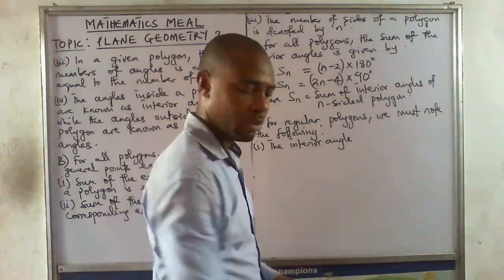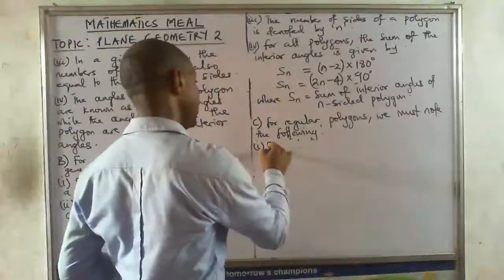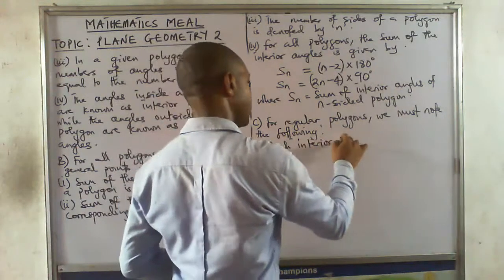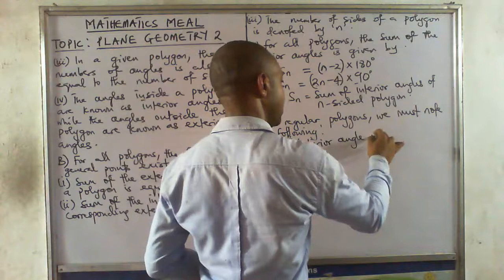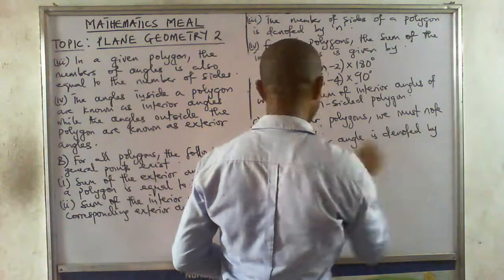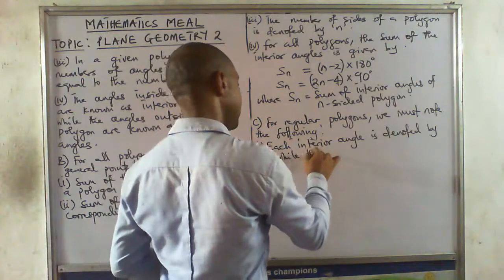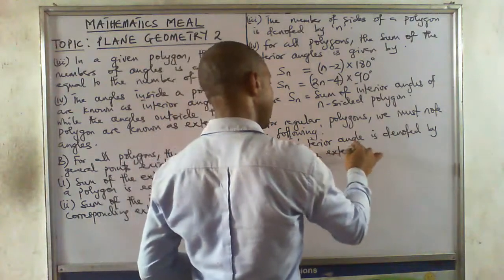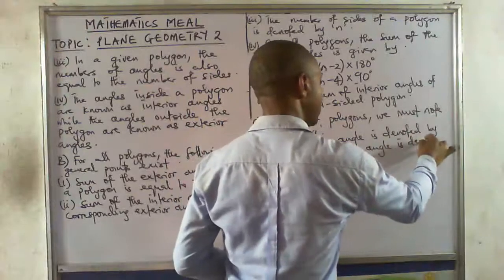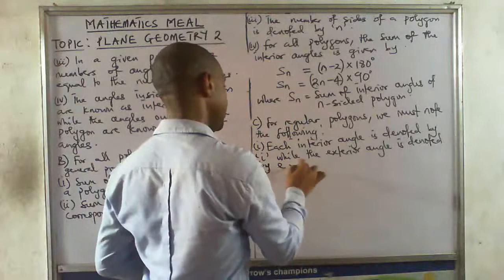Each interior angle, let's use that to make it clearer, each interior angle is denoted by I, while the exterior angle is denoted by E.